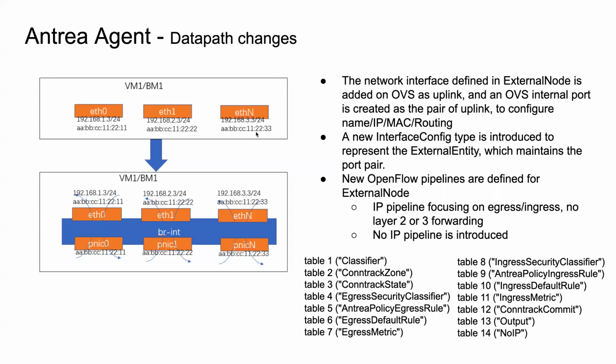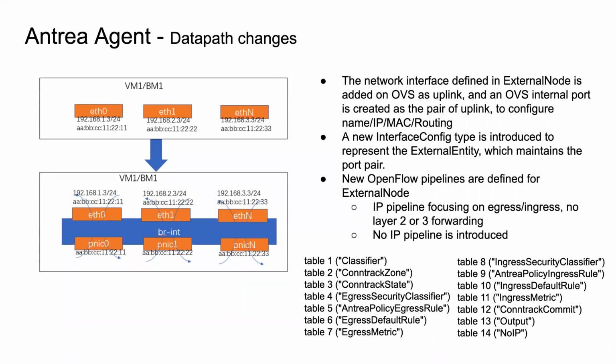Yeah, you're correct. This is because we are thinking that maybe some other processes are listening on the ETH0, but if we just use the original name for OS and then create a new OS port with a different name, since the IP and the routing migrated from the existing interfaces to the new OS internal ports, the other processes listening on the ETH0 might be broken.